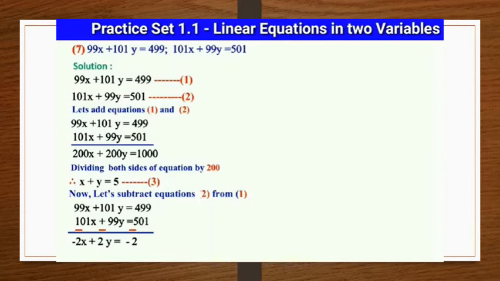Now we'll move on to variable y. 101y minus 99y, we will get 2y is equal to 499 minus 501. Again, when we subtract we get 2, and the greater number's sign is minus, that is of 501. So the answer will have minus 2.